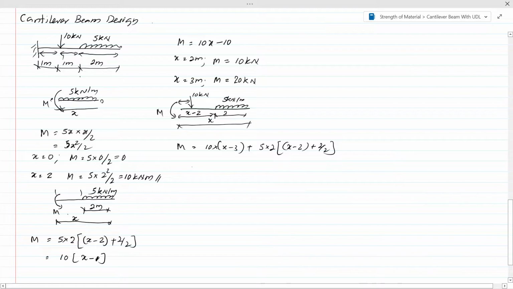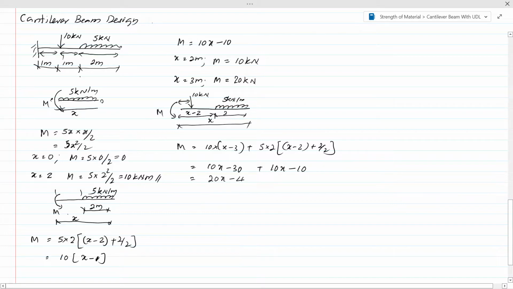Now what's the bending moment? Here we have 10x minus 30 plus, what we calculated previously, 10x minus 10, right? Now we know the values of the bending moment.